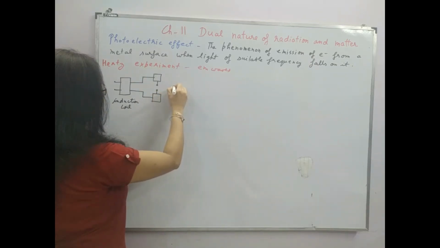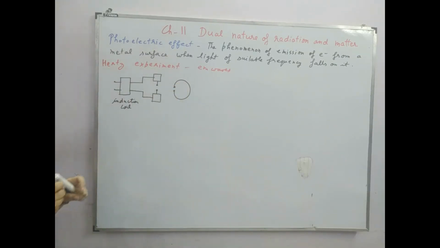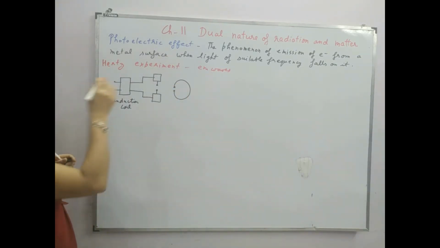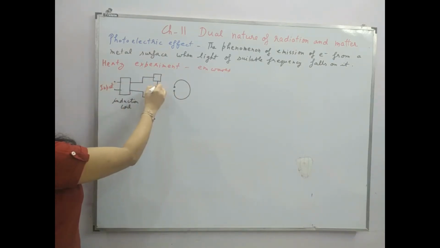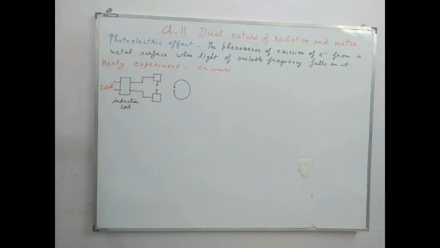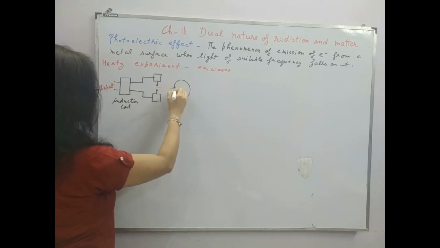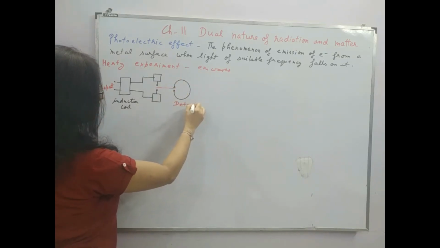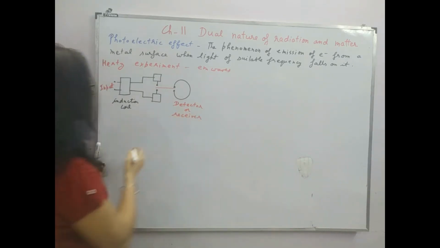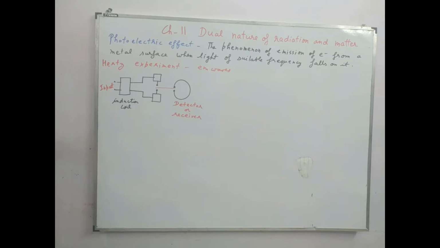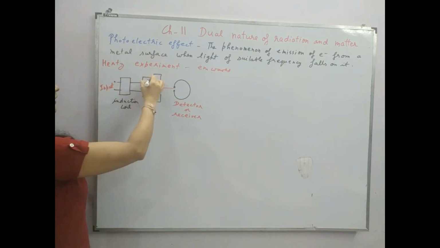When sparks were produced here, they were transmitted to this detector, this wire with spherical knobs, which was the detector or receiver of EM waves, right?